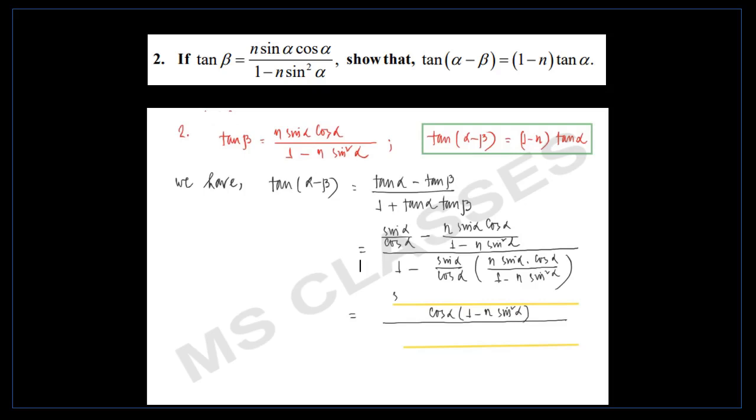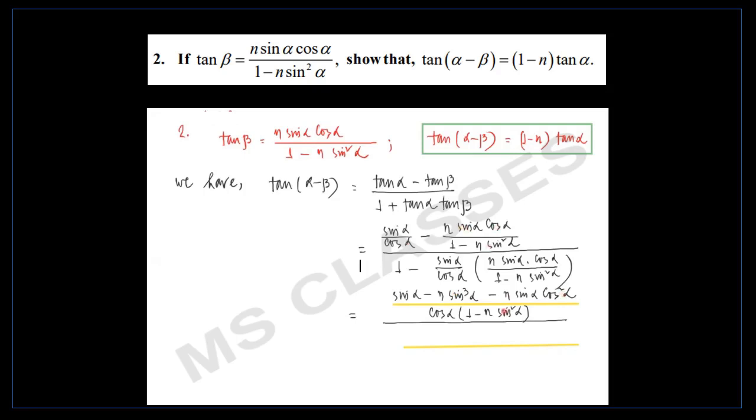So this will be sin alpha minus n sin³alpha minus n sin alpha cos²alpha. Sin alpha into 1, sin alpha into n sin²alpha is n sin³alpha, minus this one, n sin alpha cos²alpha.